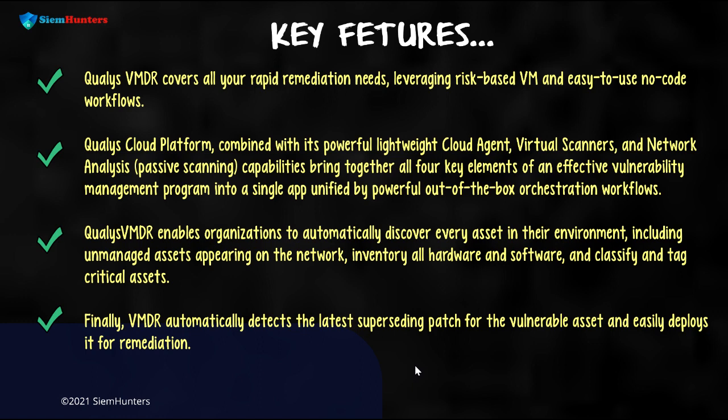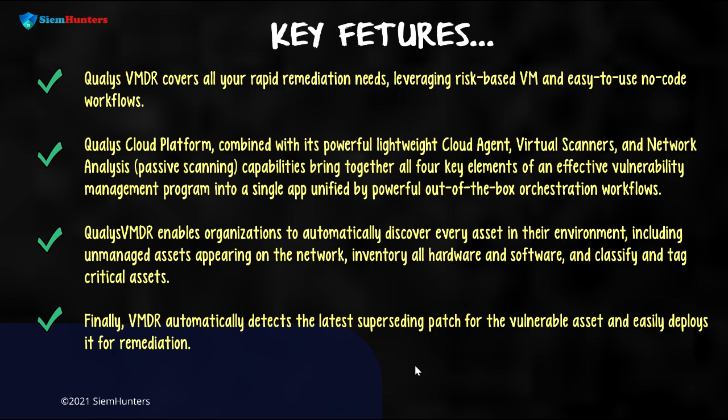Qualys VMDR enables organizations to automatically discover every asset in their environment, including unmanaged assets appearing on the network, inventory all hardware and software, and classify and tag critical assets. VMDR continuously assesses these assets for the latest vulnerabilities and applies the latest threat intel analysis to prioritize actively exploitable vulnerabilities.